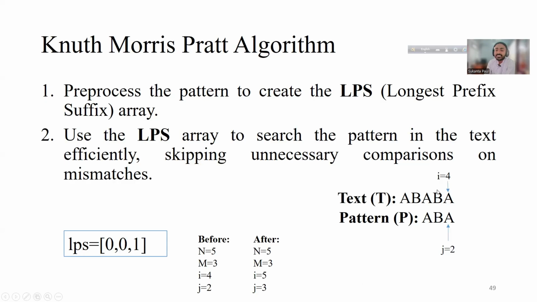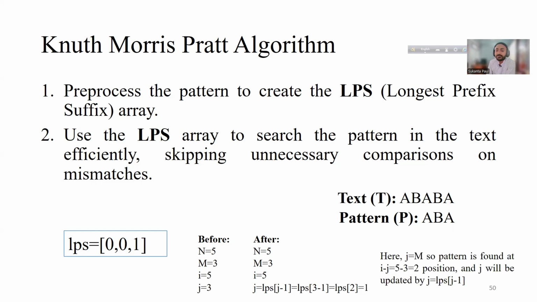There is also a match at i equal to 4 and j equal to 2. When we compare Ti and Pj, we see that there is a match, so we increase i and j. So i is equal to 5 and j is equal to 3.